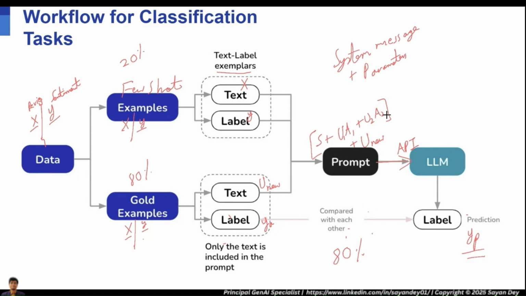So the more few-shot examples you give, generally it will be able to fine-tune better. So let's say in the next iteration I give more few-shot examples, a better system message, better parameters. And now I use that to do the prediction. When I give a new user input, the model will predict some sentiment, and this time the predicted sentiment is very close to the actual sentiment. You are getting, let's say, close to 99% accuracy.